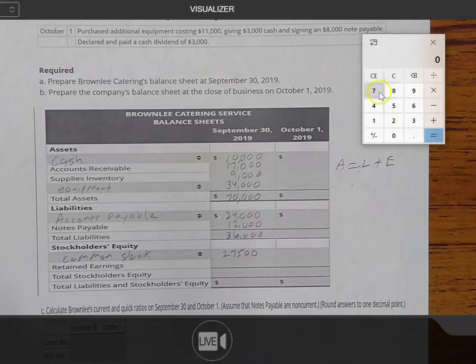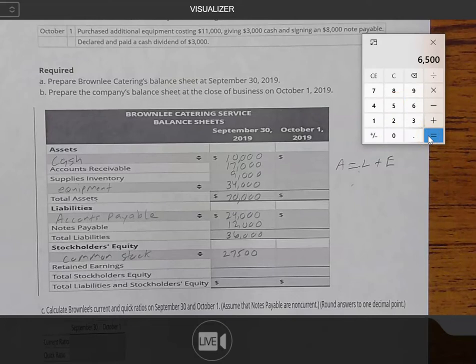So I'm actually going to put that into my calculator. But instead of doing this as an equals, I'm going to subtract out my liabilities, minus $36,000 in liabilities, minus common stock of 27,500 equals 6,500.